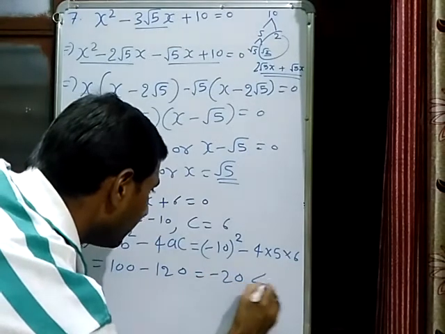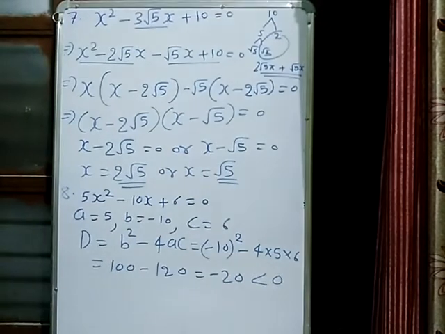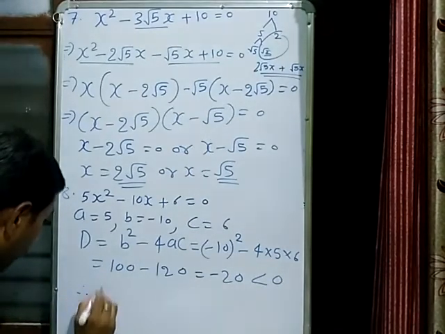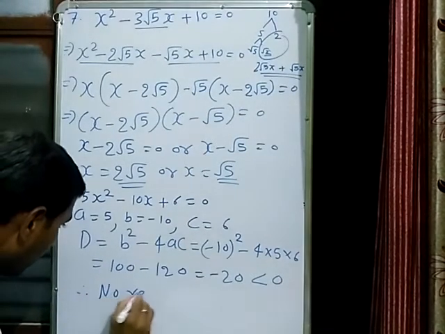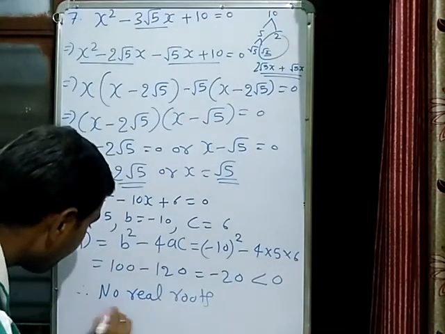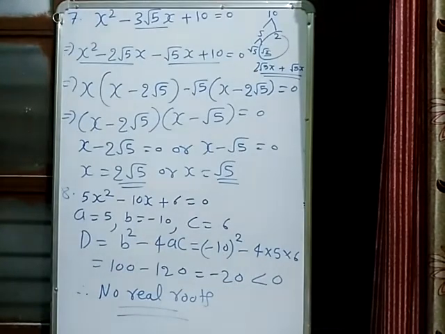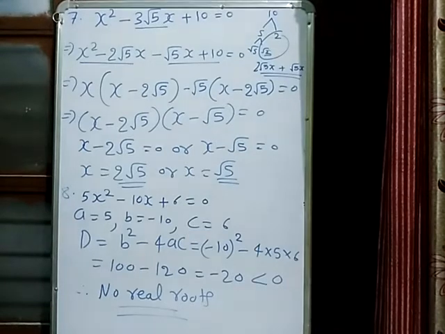So we are getting less than 0, negative is coming, which means D is less than 0. And if D is less than 0, therefore no real roots. So the nature of the roots of this equation is that no real roots are possible. So this is question number 8.